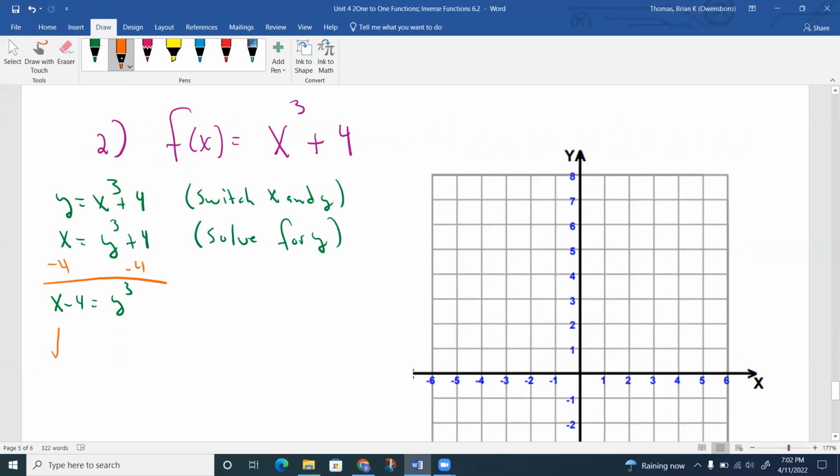So I take the cube root of x minus 4, and the cube root of y cubed. The cube root and cubing cancel each other out, and that just leaves me with y.